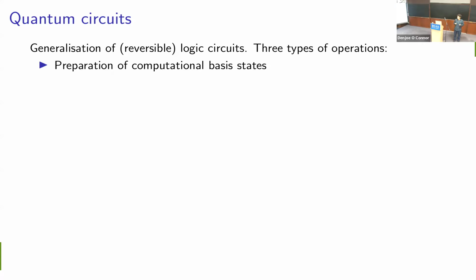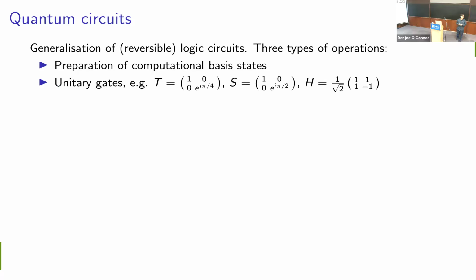The way we can think about the whole model of computation, that is the quantum circuit model, is that we've got three types of operations that we use when we do computation. We can prepare states in our computational basis. That's something very simple, independent of the computation we're doing. Then the main part of our computation is what's called unitary gates.